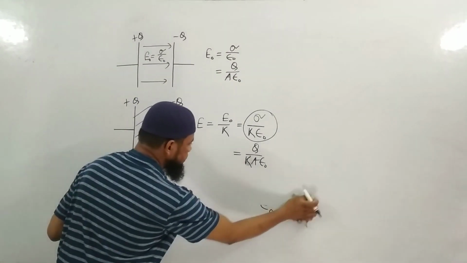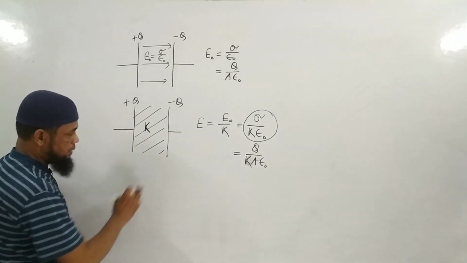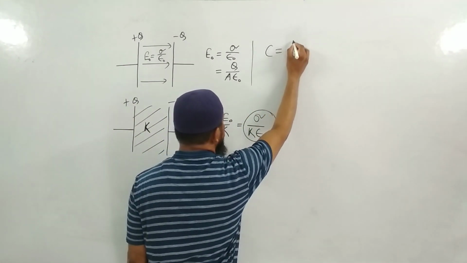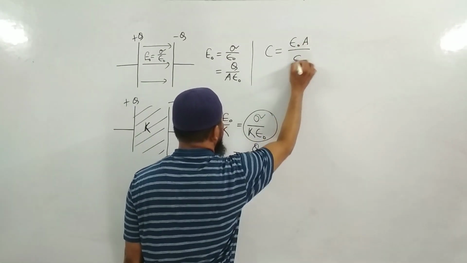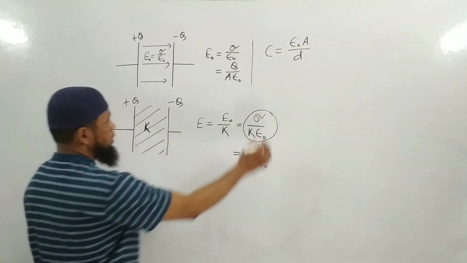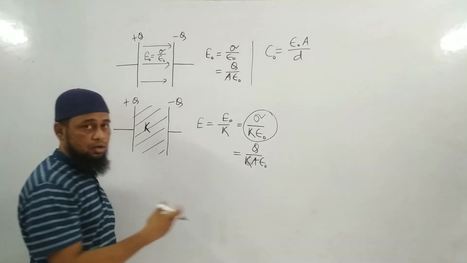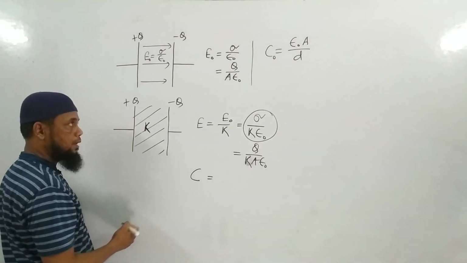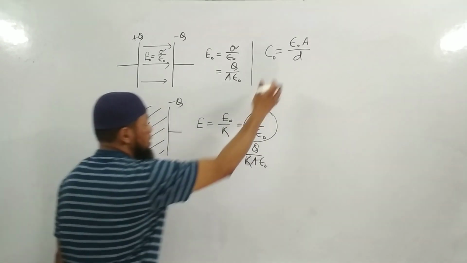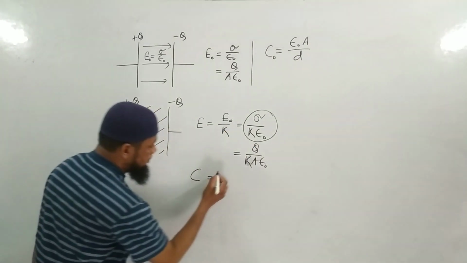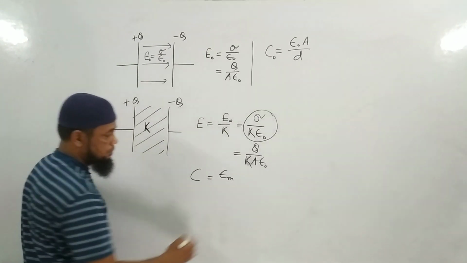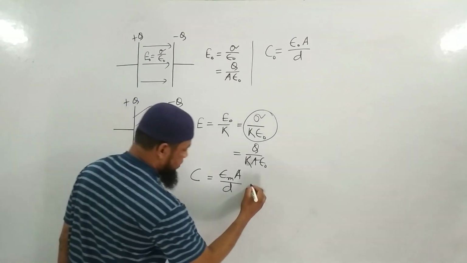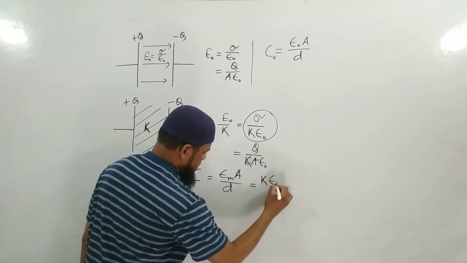So this is the electric field in between the two plates. Then what will happen to the capacitance? In this equation, what was the capacitance? C is equal to epsilon naught A divided by D. Let me call it C naught for vacuum, just a symbolic difference, and let me call the new capacitance C. Epsilon naught is now replaced by epsilon medium, so C is epsilon medium A divided by D, and epsilon medium is K epsilon naught.